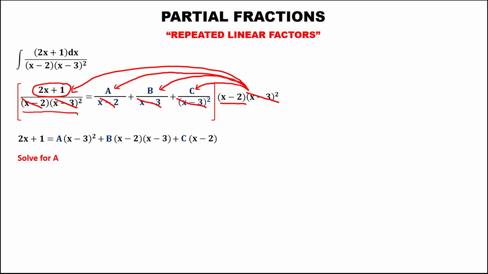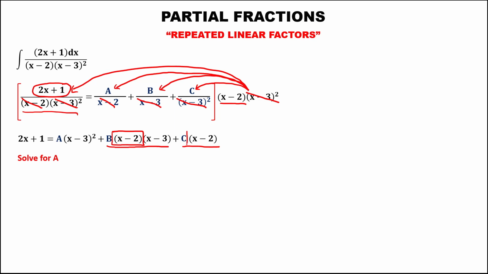Now take note that in solving for A, we need to make B and C equal to 0. Observe from B and C, there is a common x minus 2.